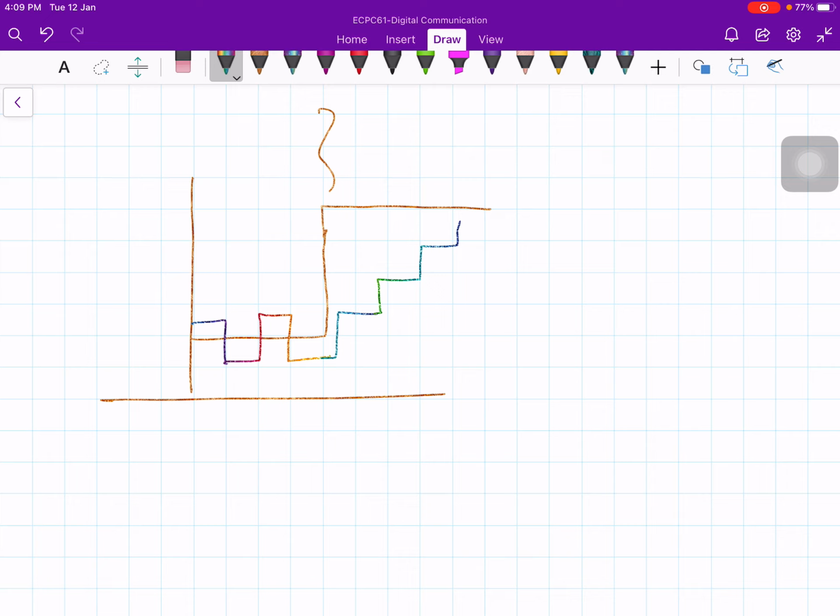Why is my pen not writing? Something went wrong. Okay, now let me find the error. How much error would be there in this staircase approximation? Let me charge my pen for a while. It is not responding. Why?